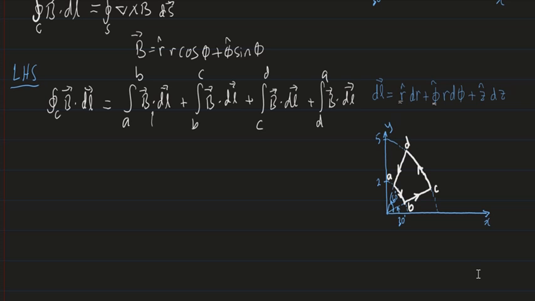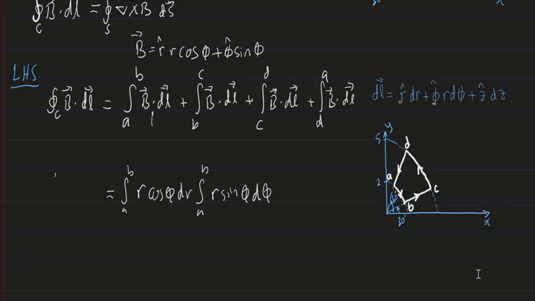So for the segment A to B, we will have r cosine phi dr, and then from A to B, r sine phi d phi. So this is for the first integration.